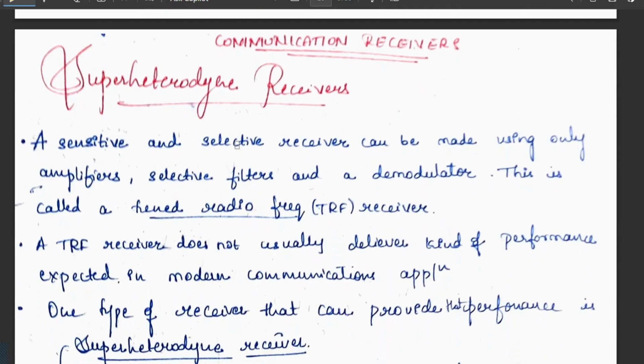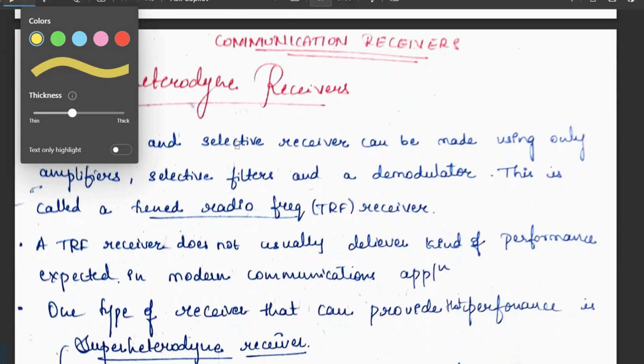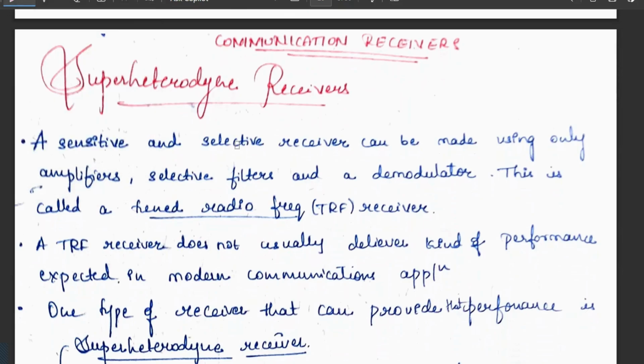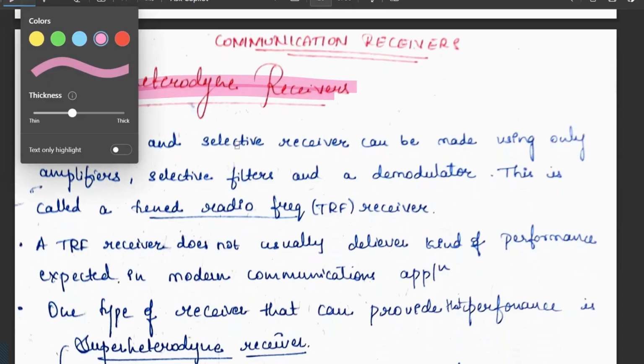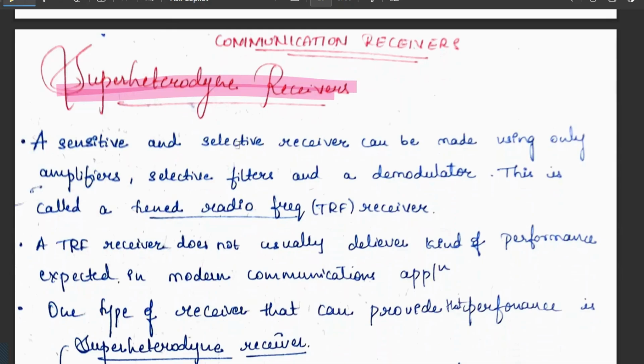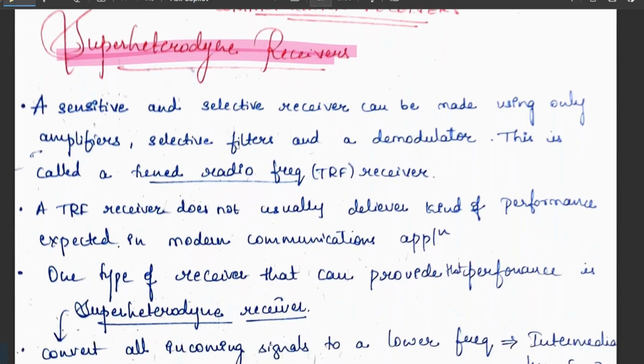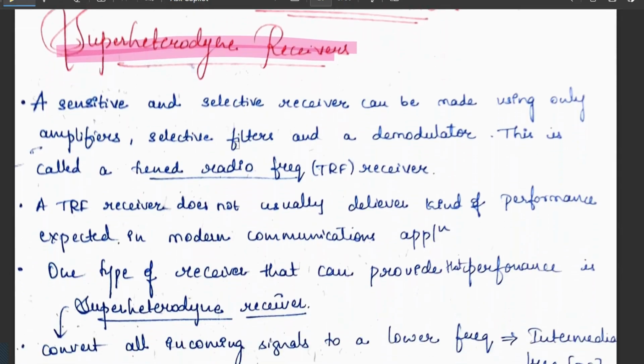Next, we will go to communication receivers, that is the superheterodyne receiver, an important concept and an expected question. Here, a sensitive and selective receiver can be made using only amplifiers, selective filters, and a demodulator. This is called a tuned radio frequency, TRF, receiver.